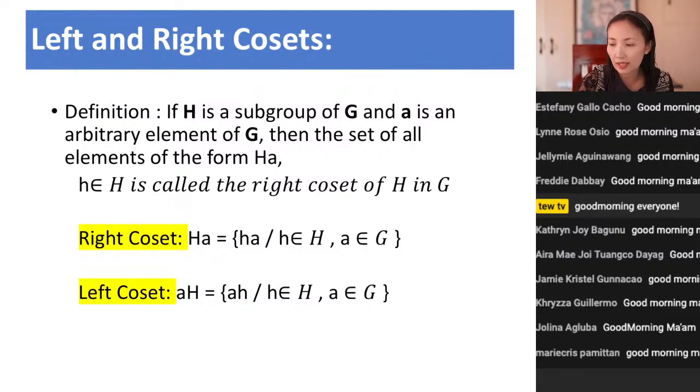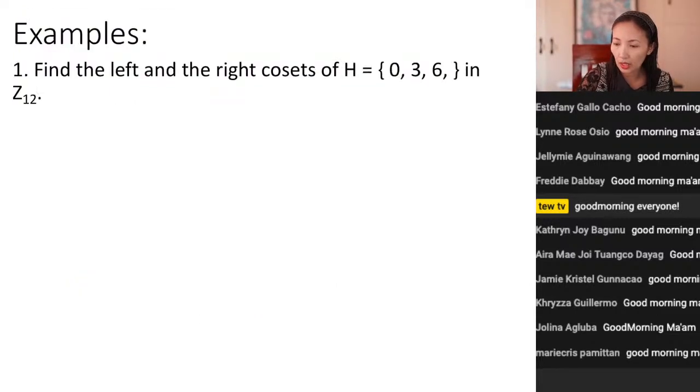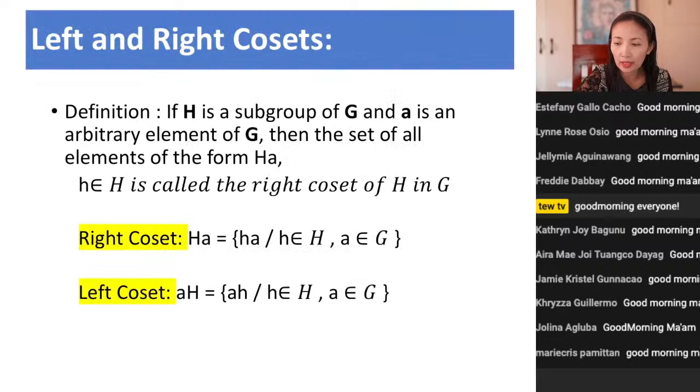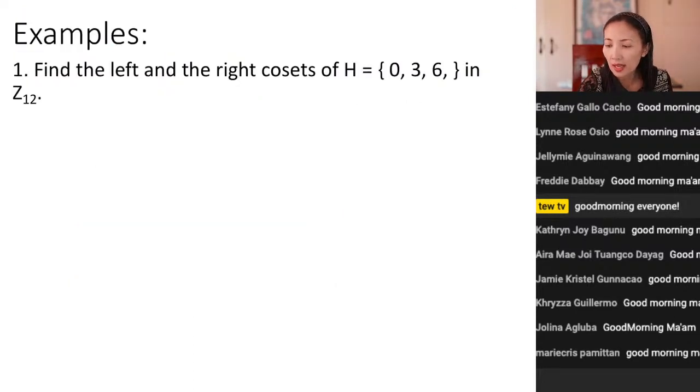What do we mean by this? Let's look at an example. Find the left and the right cosets of H equal to 0, 3, 6 in Z sub 12. So going back to the definition, take note that H is a subgroup of the group G. So is this a subset of Z sub 12? 0, 3, 6.